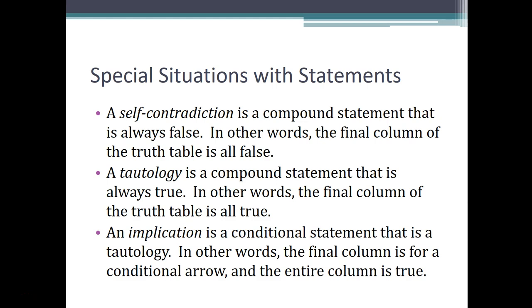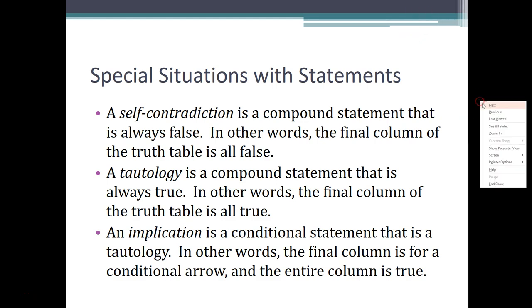Okay, so let's look at a couple of examples where this happens. All right, first one. Have negation P and parentheses Q, biconditional arrow, not Q, close parentheses.